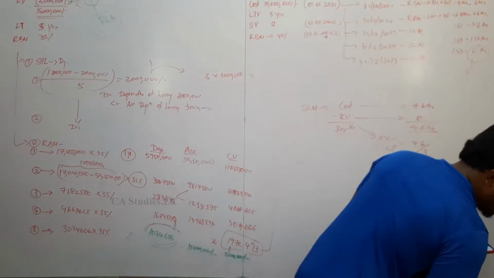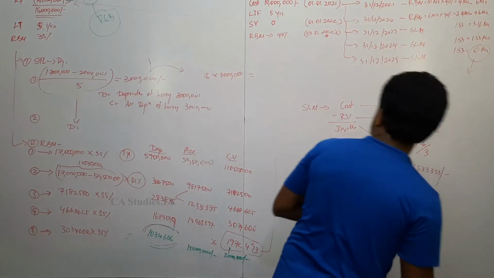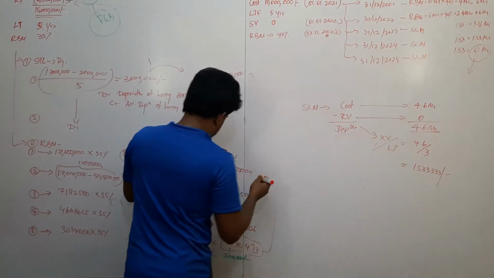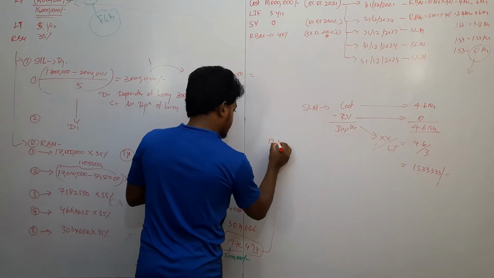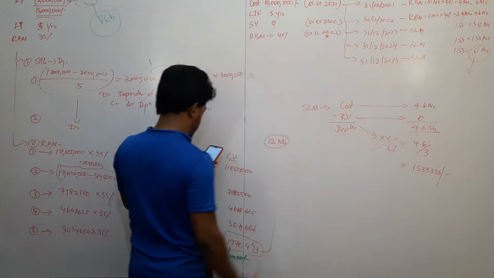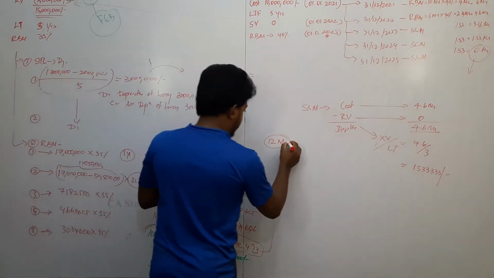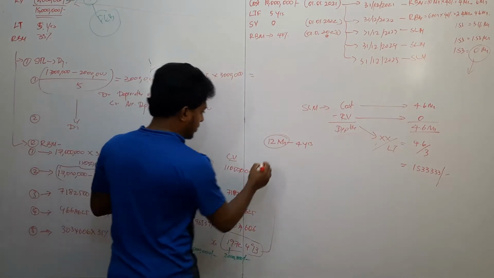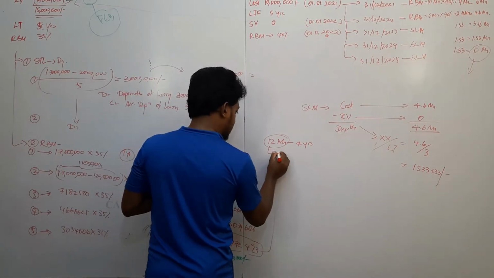Right. Now a different question. 12 million is the purchase cost. Estimated lifetime is 4 years. No residual value, residual value is 0.